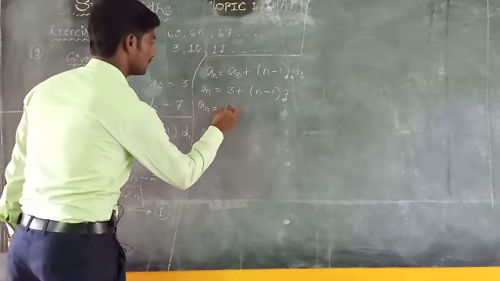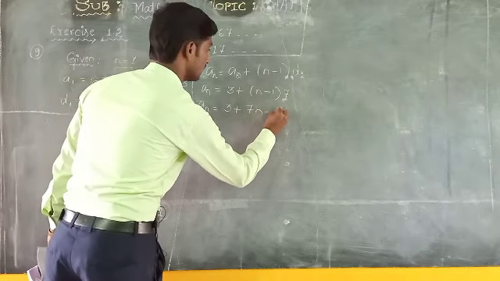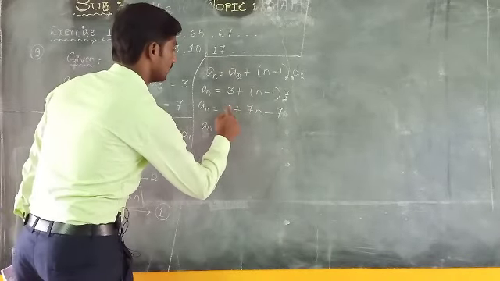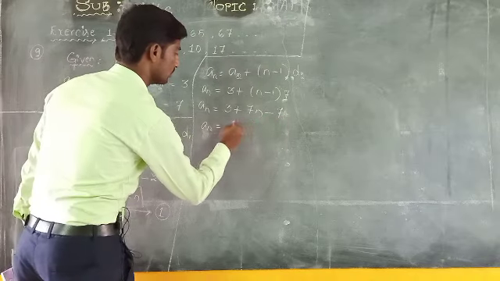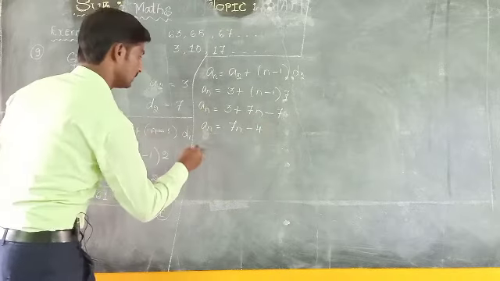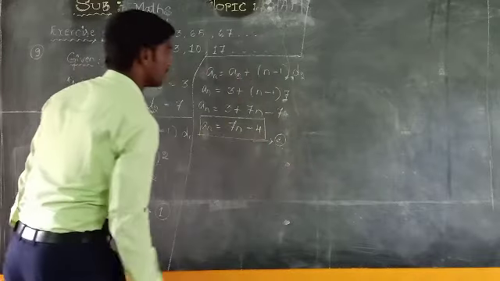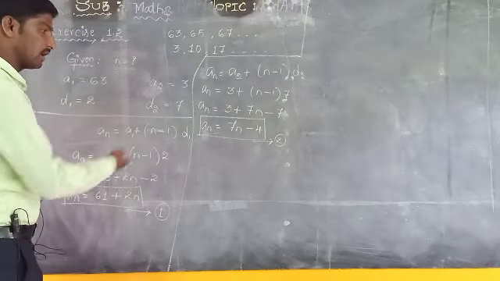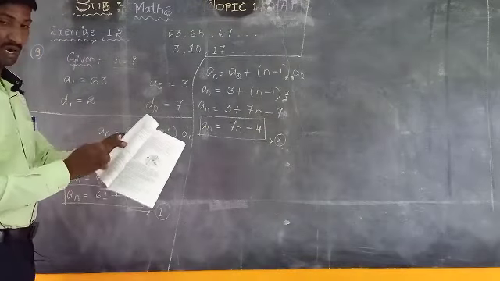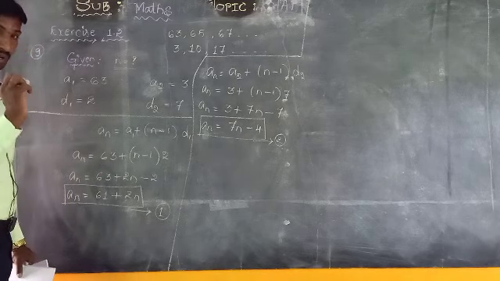That is an equals 3 plus 7n minus 7, so 7n as it is, and minus 7 plus 3 becomes minus 4. So this is the second equation got from the second sequence. So again we have two simultaneous linear equations. According to the question, the nth terms of the two APs are equal.